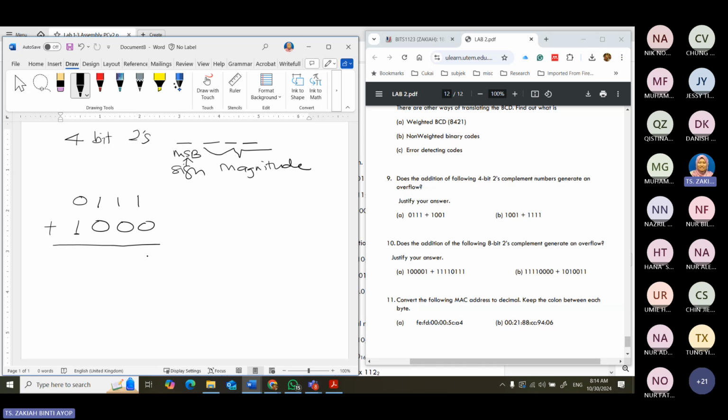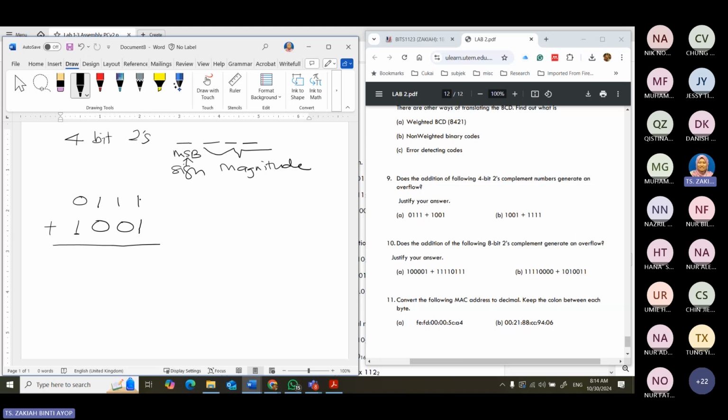1 plus 0 is 1. 1 plus 0 is 1. 1 plus 0 is 1. And 0 plus 1 is 1. Okay, my mistake, sorry. It's supposed to be 1001, right? If I mistakenly do this calculation and you check that it is wrong, please remind me.